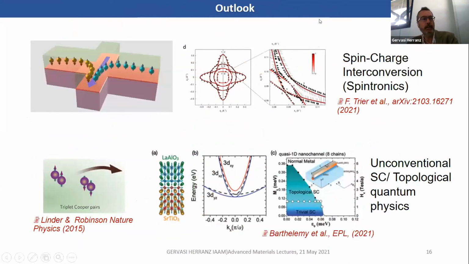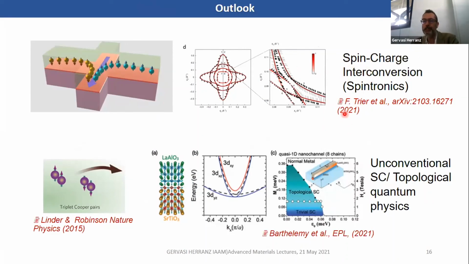So now I think I'm going to the end of my talk. So I would like just to give two possible interesting prospects of these kind of systems. First of all, I think this kind of systems could be interesting for some applications in spintronics.